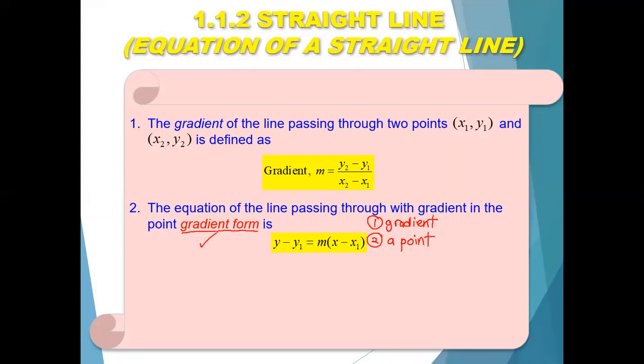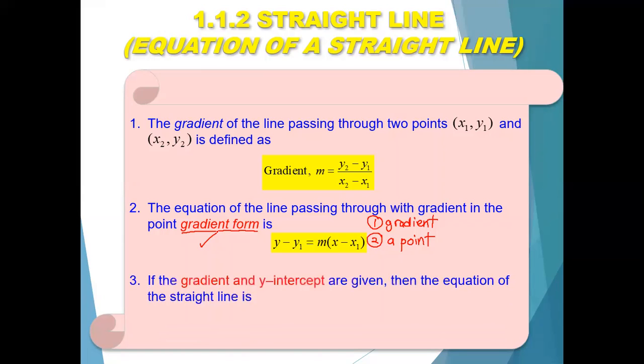Again, when you know the gradient of the line and also you know a point, so you can use the gradient form. Okay, so how about if you know the gradient and the y-intercept?